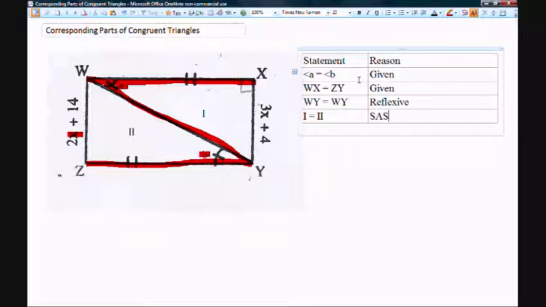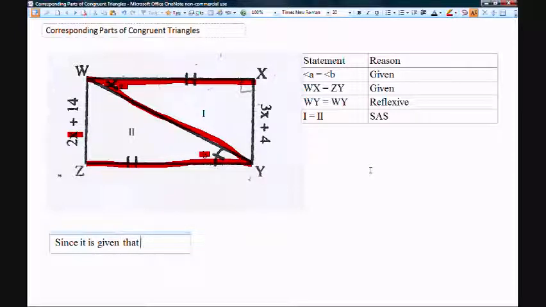Now that you have proven that these two triangles are congruent, you can write a more detailed paragraph of your table. For example, you can start by saying, since it is given that angles A and B are congruent, and sides WX and ZY are congruent as well.